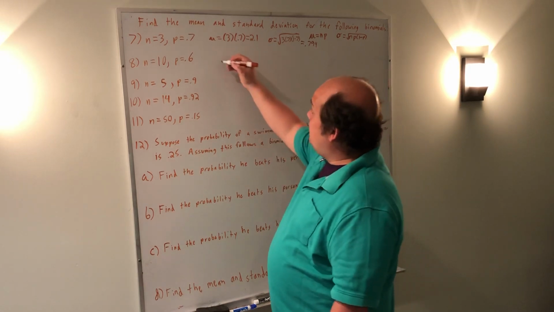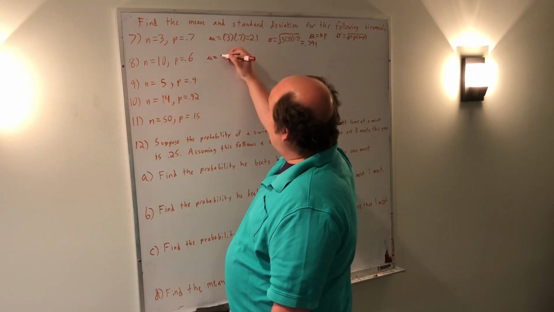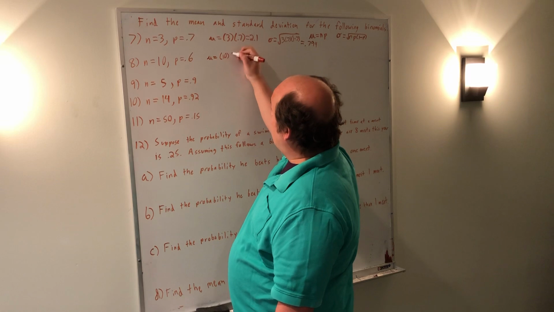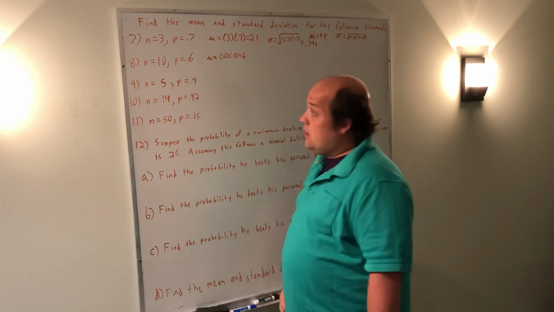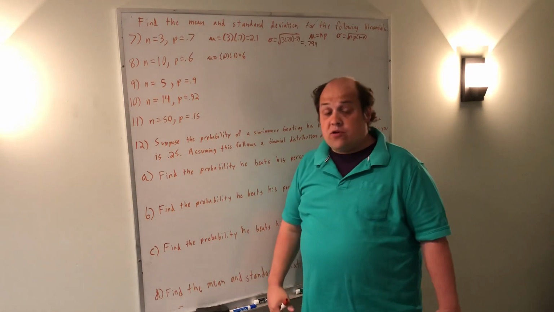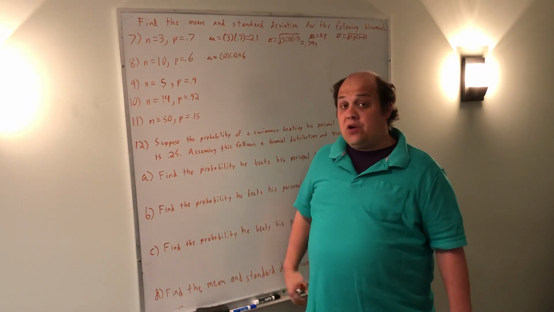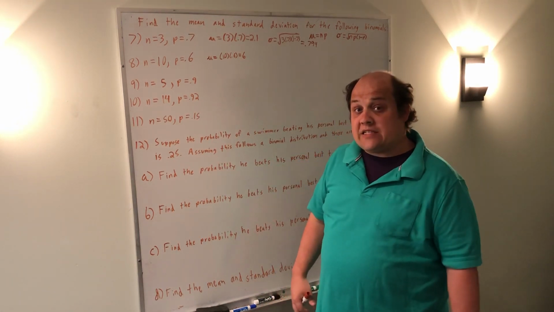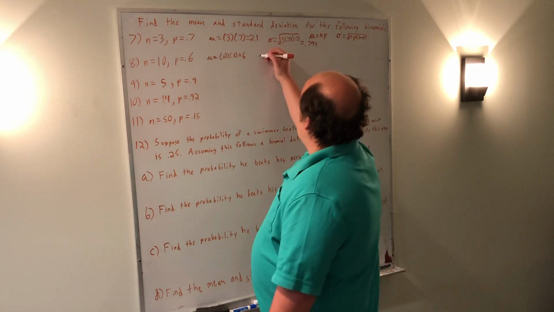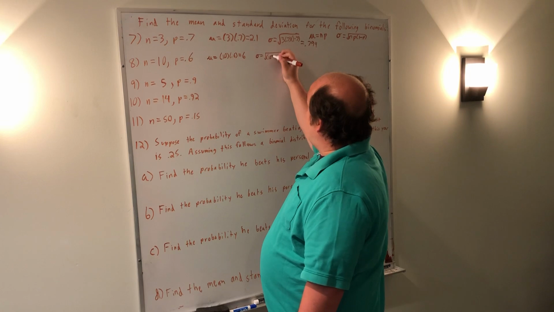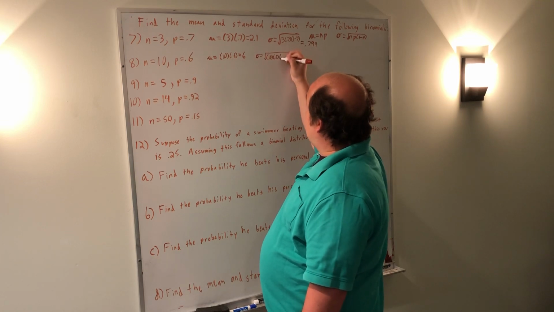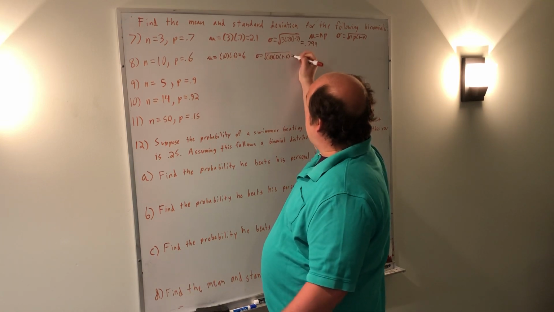For number 8, when I go to find the mean, that's going to equal 10 times 0.6, or 6. In other words, if I'm a 60% free throw shooter, and I'm going to take 10 free throws, you expect me to make 6 of them. Standard deviation equals the square root of 10 times 0.6 times 1 minus 0.6.